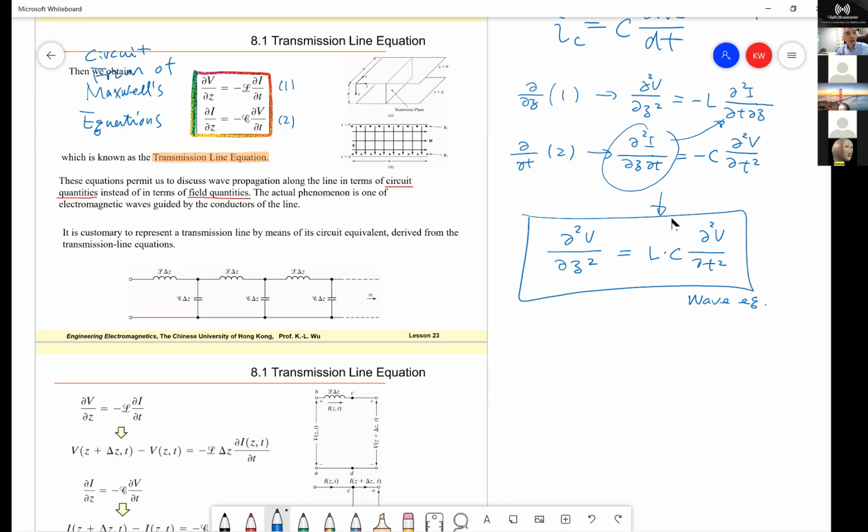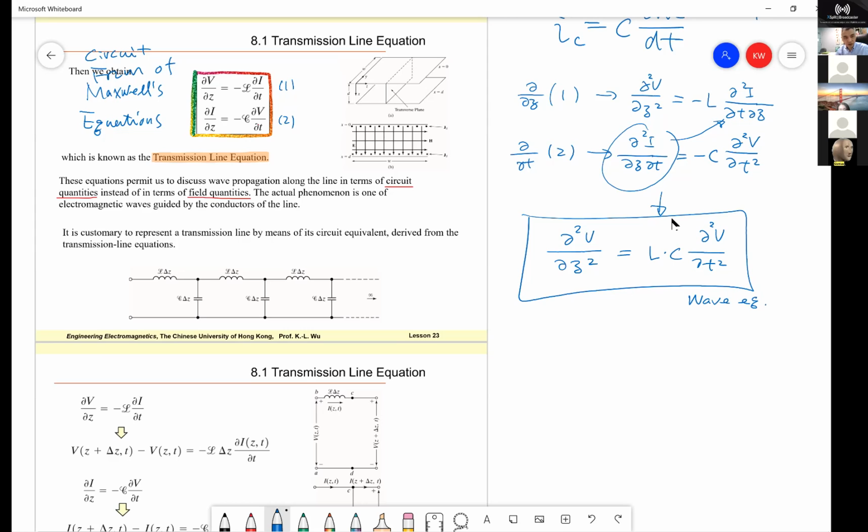This is the wave equation. So you can derive the same wave equation for current I. So that means down the transmission line, the voltage and the current must satisfy the wave equation.